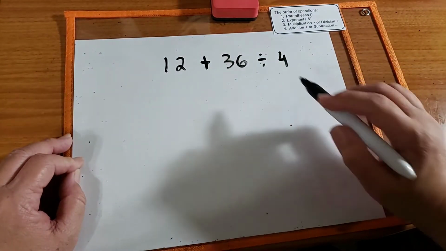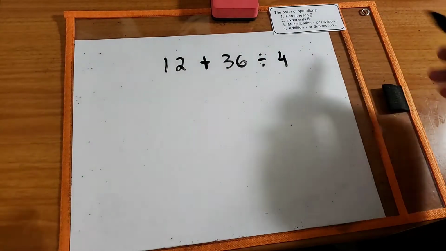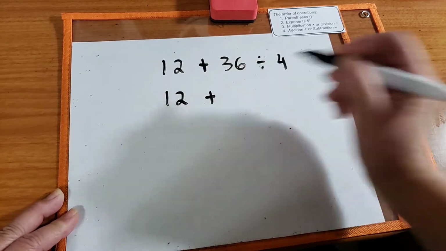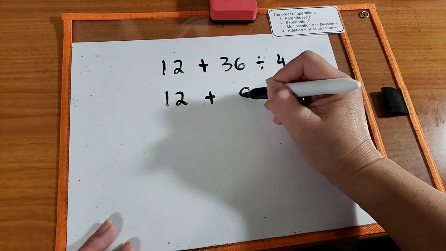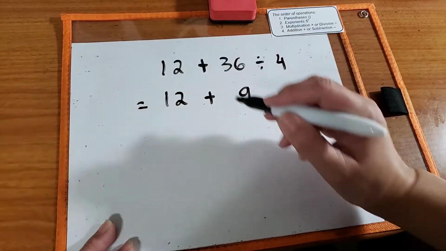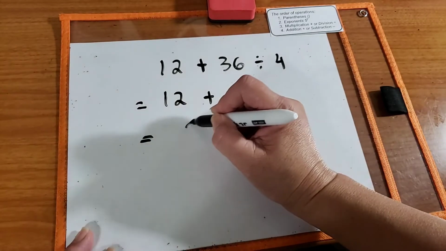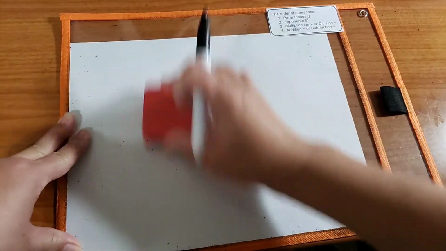I know that I have to do addition last and multiplication or division first. It tells you right there. So I'm going to have 12 here plus 36 divided by 4 is going to give me 9. So I'm going to put an equal here. And then 12 plus 9 is equal to 21. That's the order of operations.